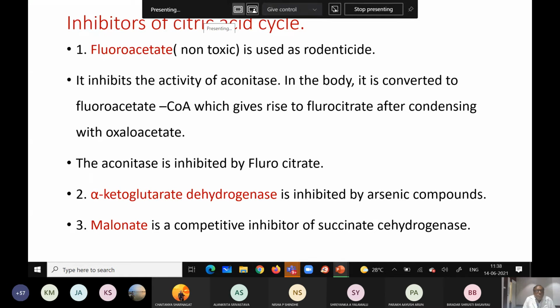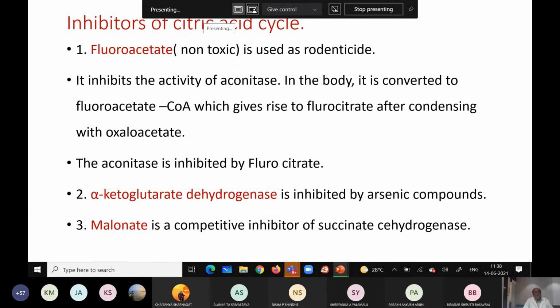And coming to the inhibitors of the citric acid cycle, the first one is fluoroacetate. It is used as a rodenticide, that is, for rat killing.